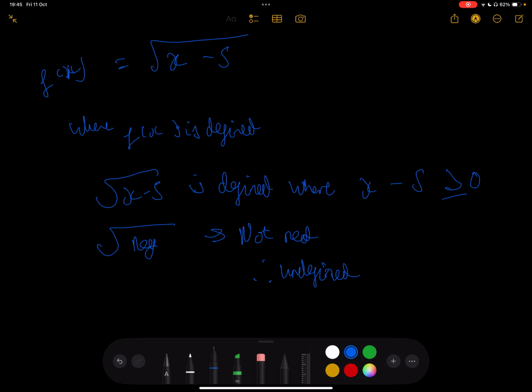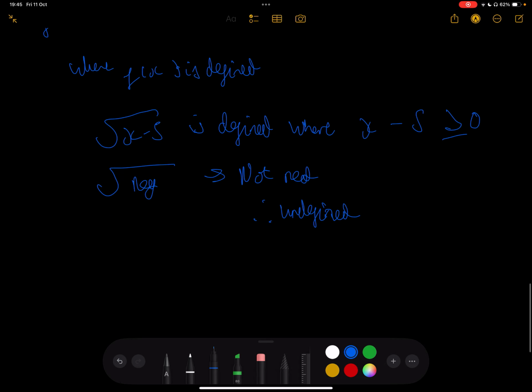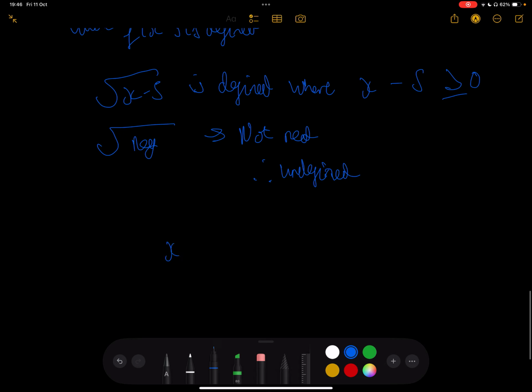Well, where would x minus 5 be equal to 0? Where x is equal to 5, right? That means that x cannot be less than 5, otherwise it will be less than 0, and then it will be undefined.